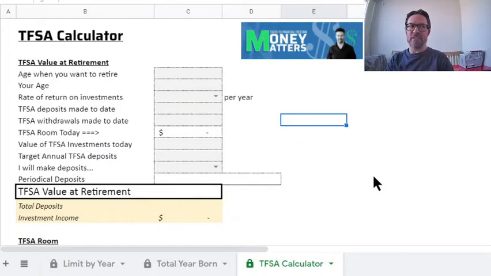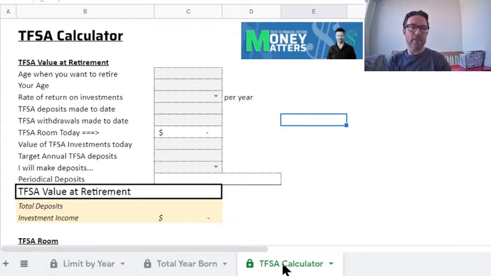So here's the TFSA calculator. You can find the link to access this calculator in the description of the video. So just click on that link and you'll have access to this. And this is a sheet that I added to my original TFSA limit table. I did a video on the TFSA limits. And I just added this tab here, which is called the TFSA Calculator.